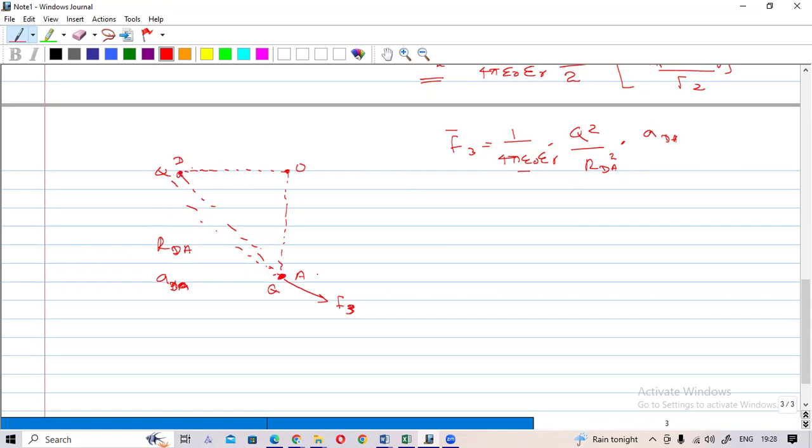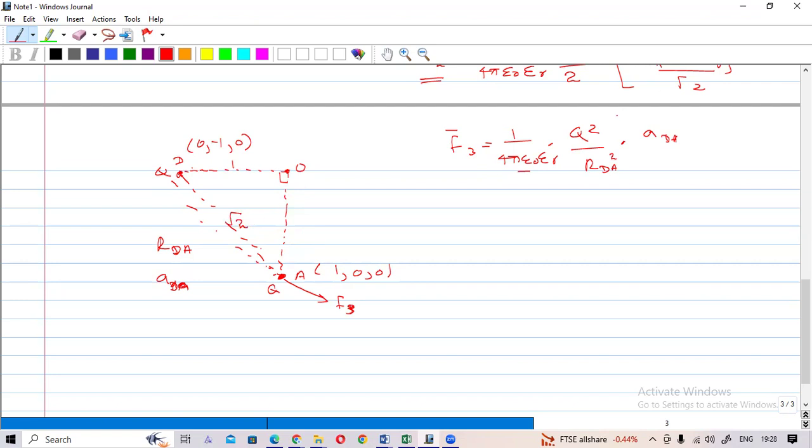So how do you find it? This location is 1, 0, 0 and this location is 0, minus 1, 0. You can use Pythagoras, no problem. This is 1 and this is 1, so it will be square root 2.